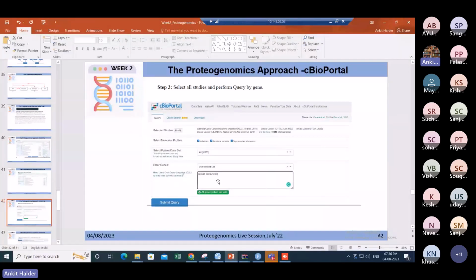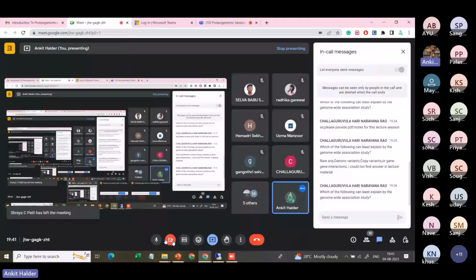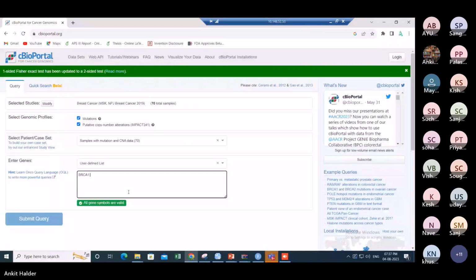We will see how this IDH1 gene also appears in breast cancer. So we will write these three, and then submit the query.